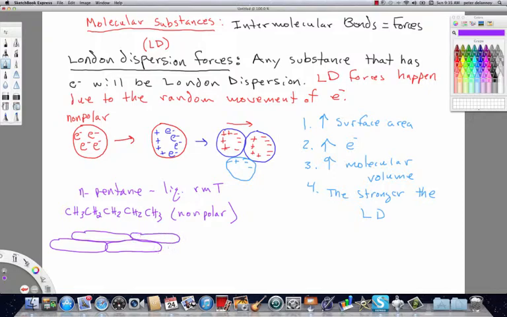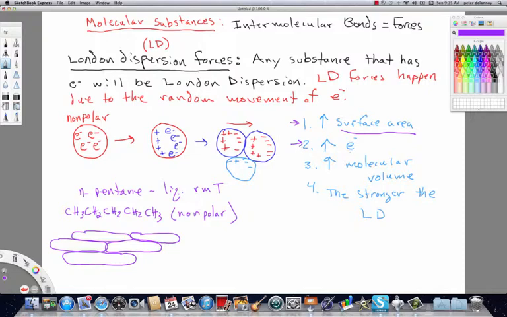What they're doing when they pack like this is maximizing the surface area in which they come into contact with one another. And because we have so many carbons chained together here, we have a large surface area, and we have lots of electrons.